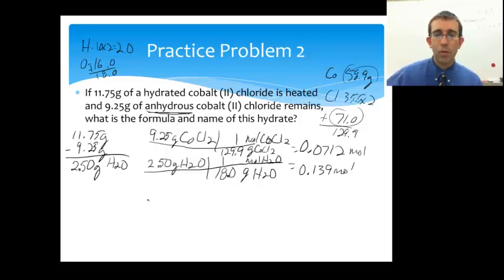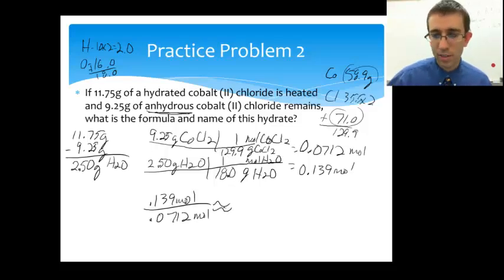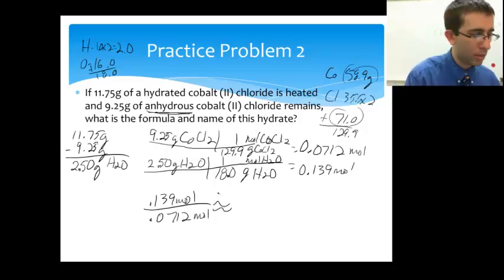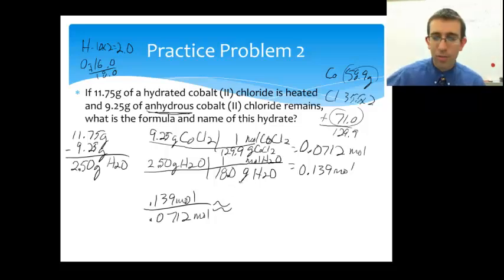Last step, take your moles of water, 0.139, divided by your moles of your compound, and we should get approximately, if you've never seen this wavy line before, that means approximate. 0.139 divided by 0.0712, and I get 1.95, which is approximately 2. So my formula is CoCl2, cobalt 2 chloride, dot 2 H2O.